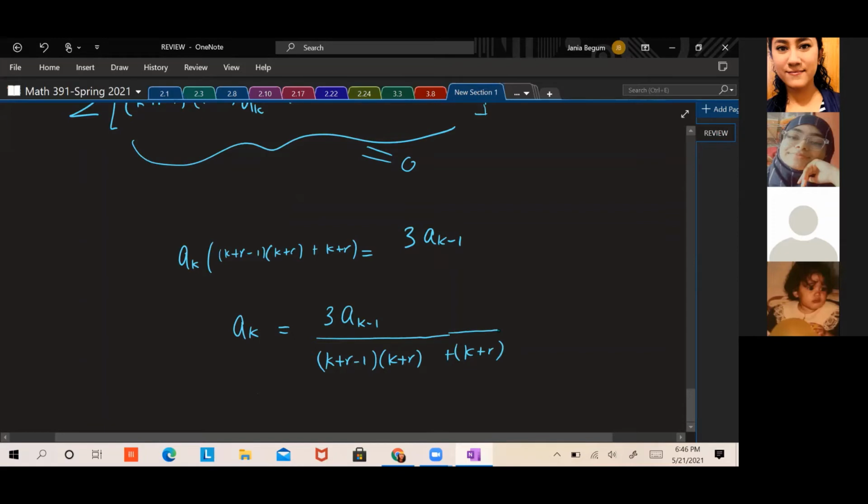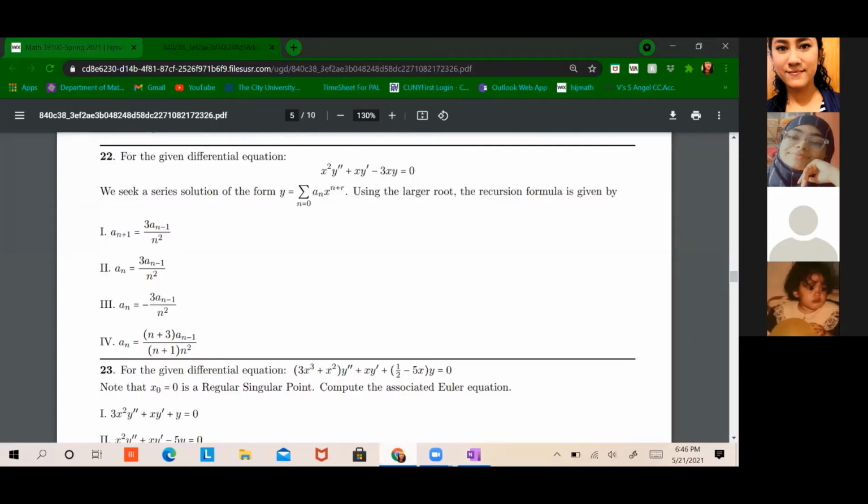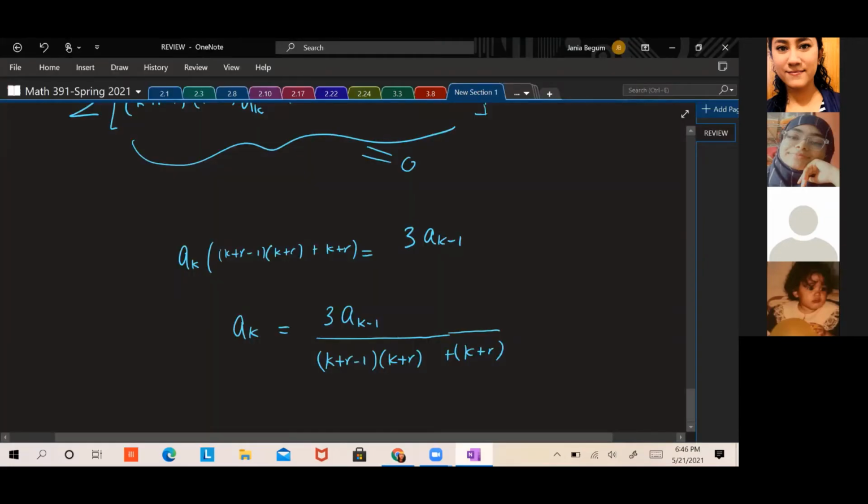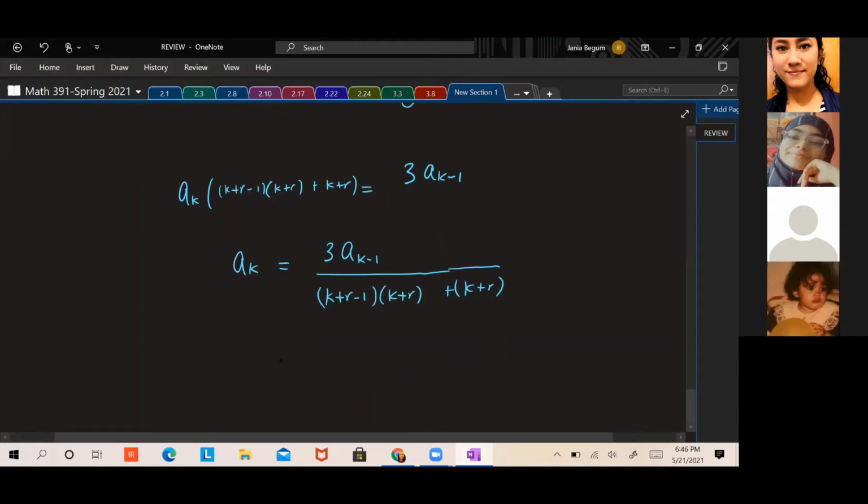Okay. So now we need to use the larger root for this question. Professor, can you factor that out and make it k plus r squared? Because the denominator would just be k plus r, and you would factor out k plus r. Oh, yeah. You could simplify more.